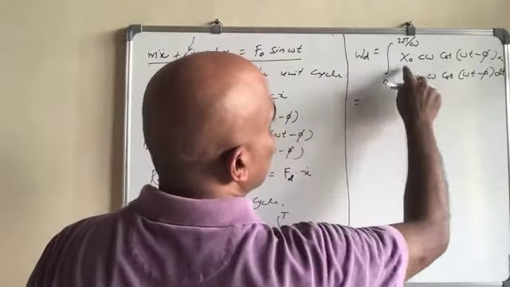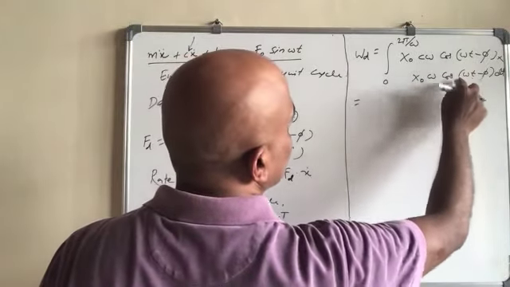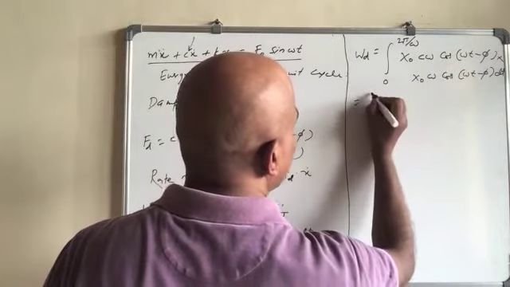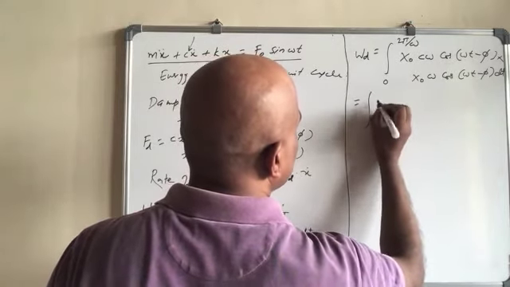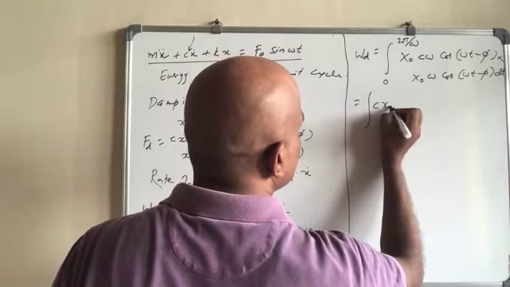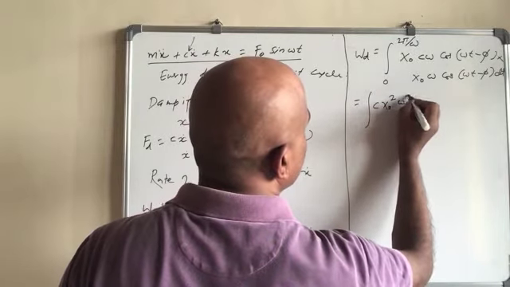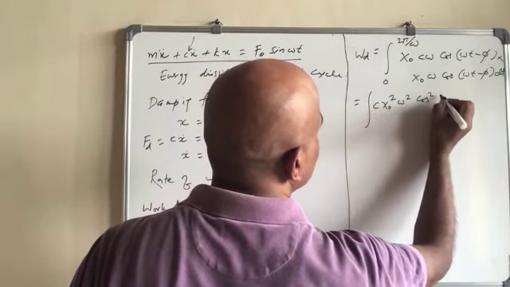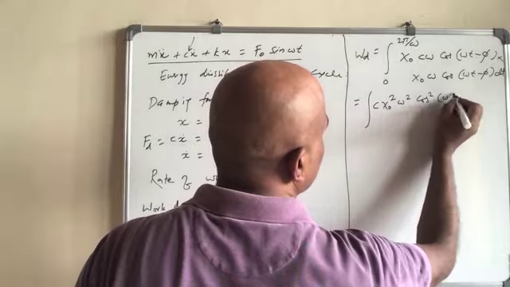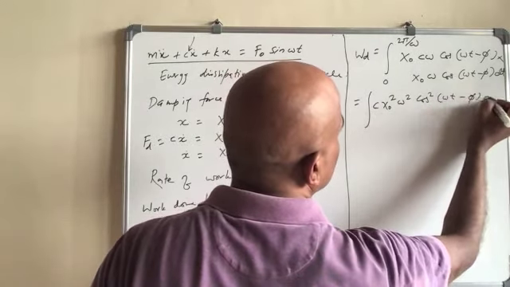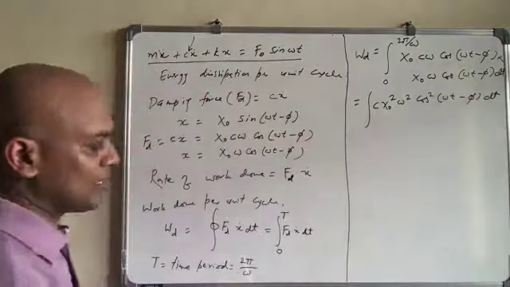Equal to, x naught here, cos here, omega here. So what we get is basically c x naught square omega square and then cos square omega t minus phi dt.